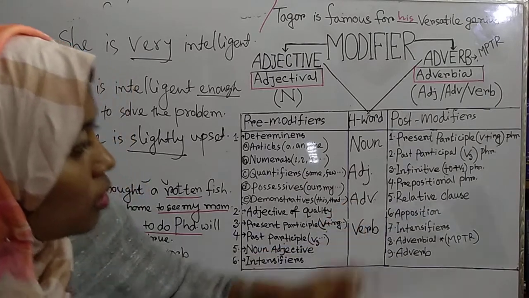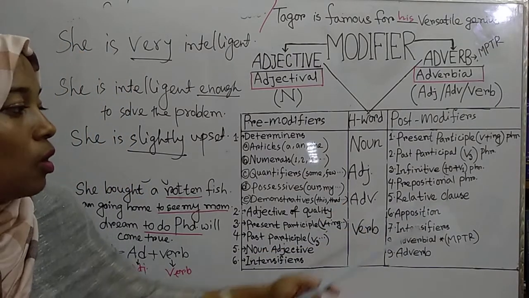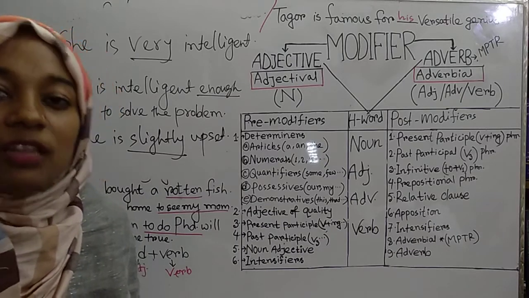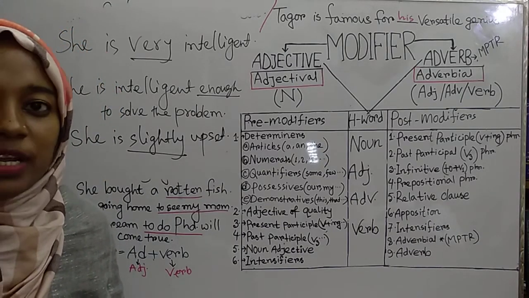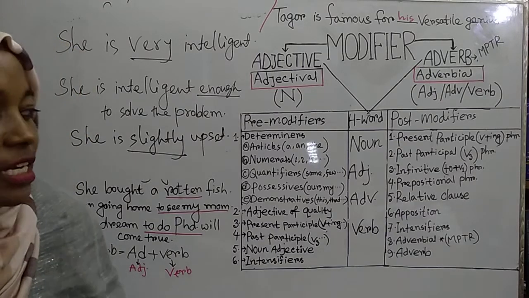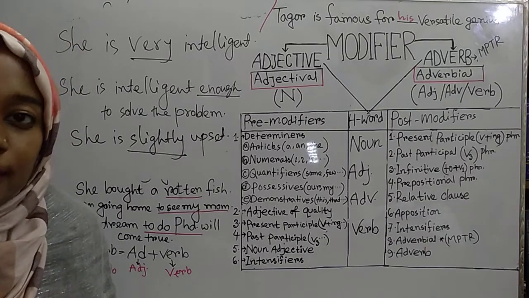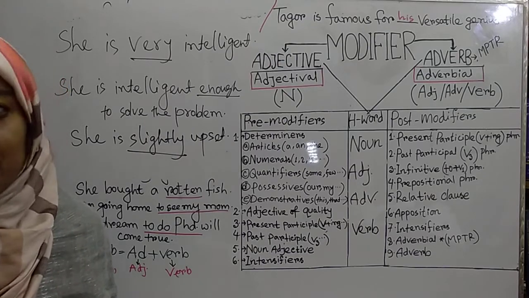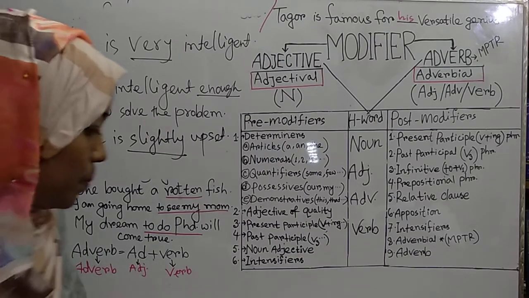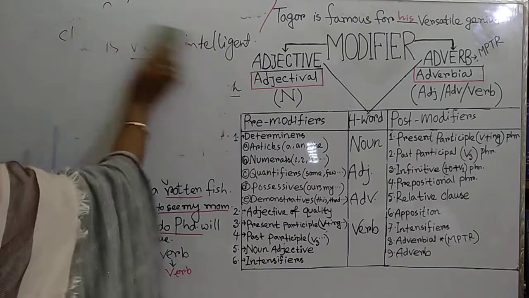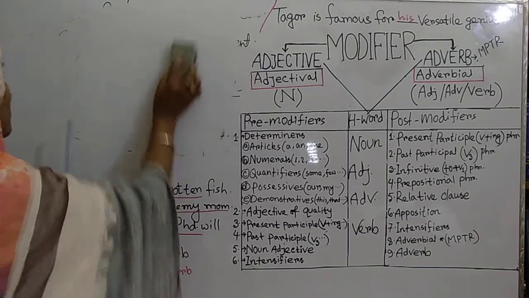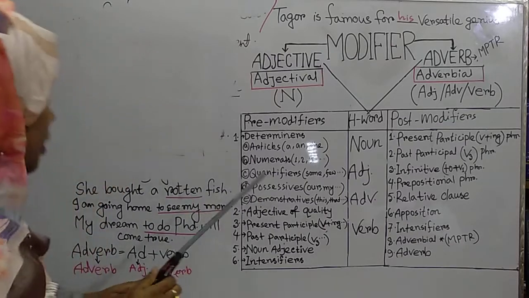Then relative clause. What is a relative clause? The clause that starts with a relative pronoun and gives extra information about the noun is called a relative clause. Here we can see it in an example.